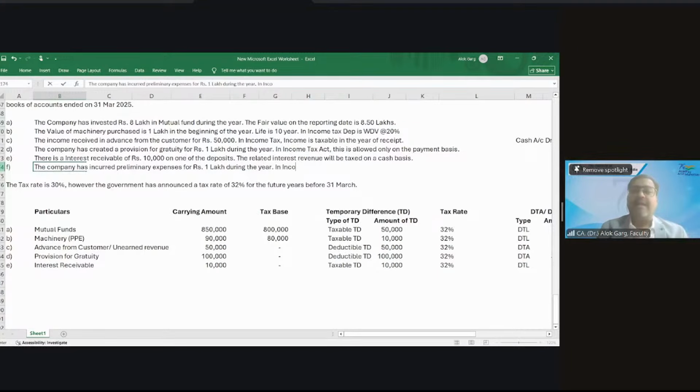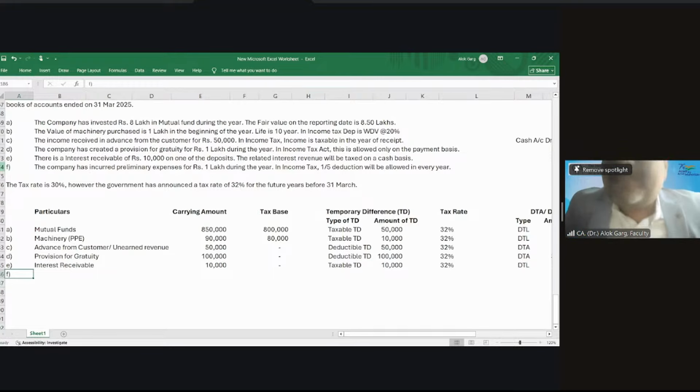In income tax, 1/5 deduction will be allowed in every year. Good question or not a good question? Good question, sir.